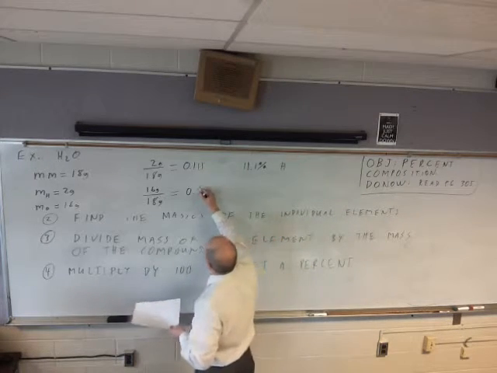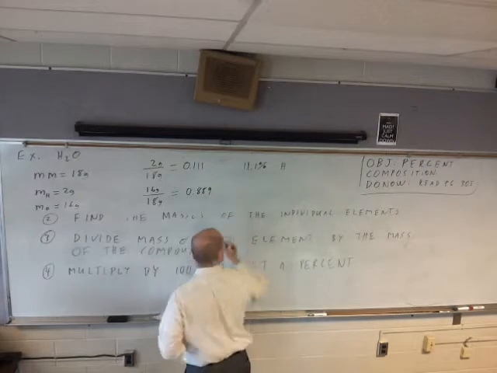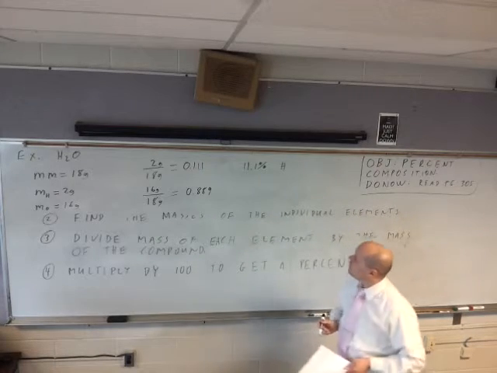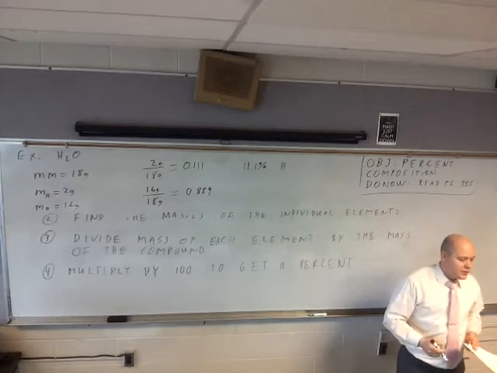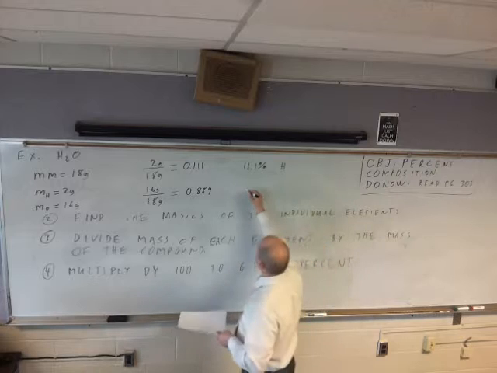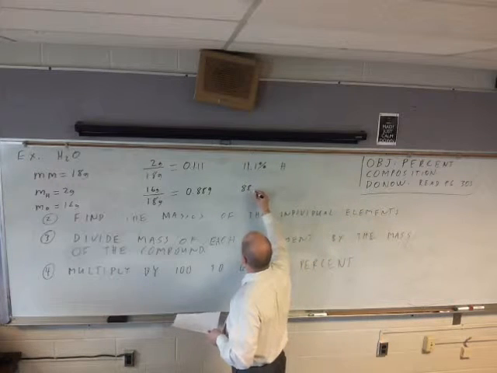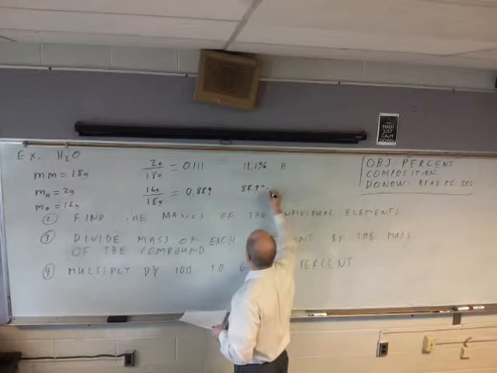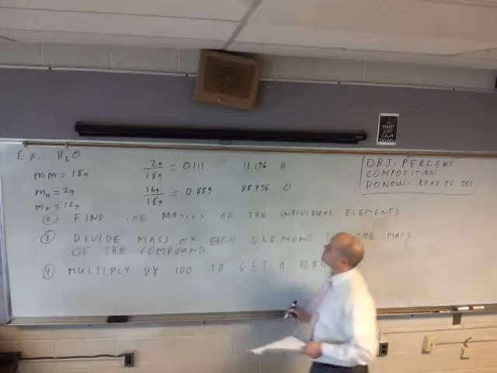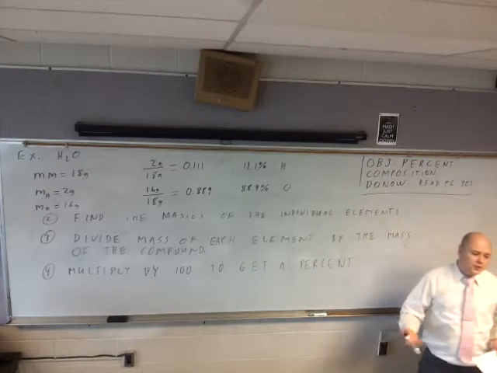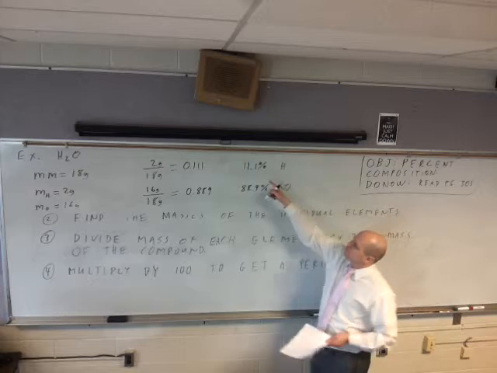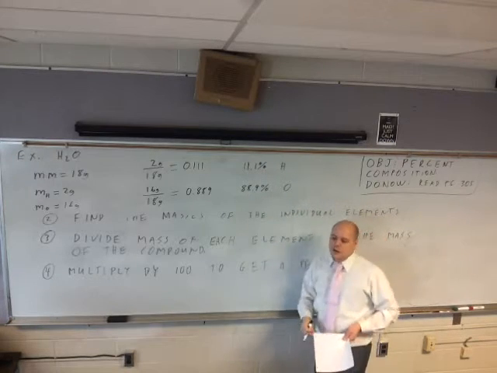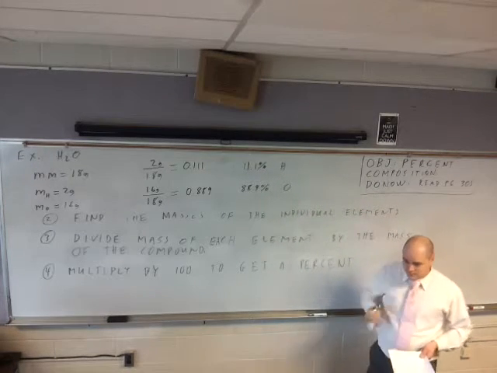Common sense. Okay, and then when you take that and multiply by 100, it's going to be 88.9% oxygen. So this tells us water is, by mass, 11% hydrogen, 88% oxygen. That's it.